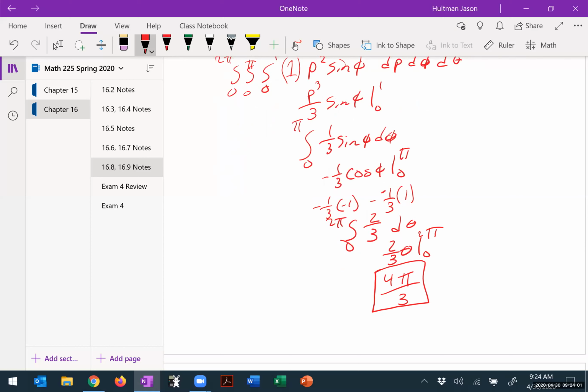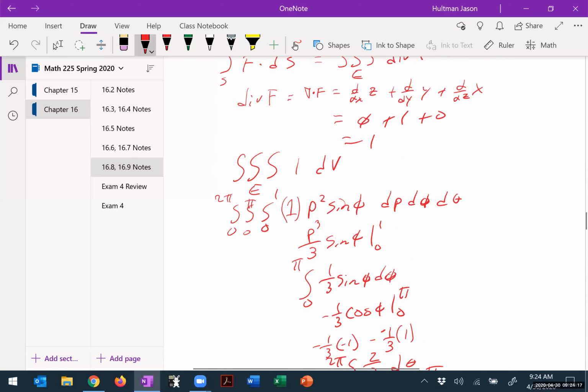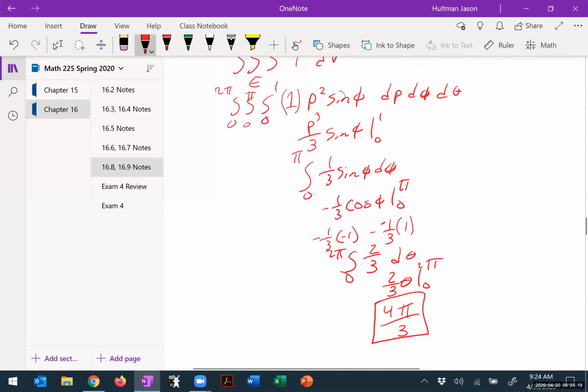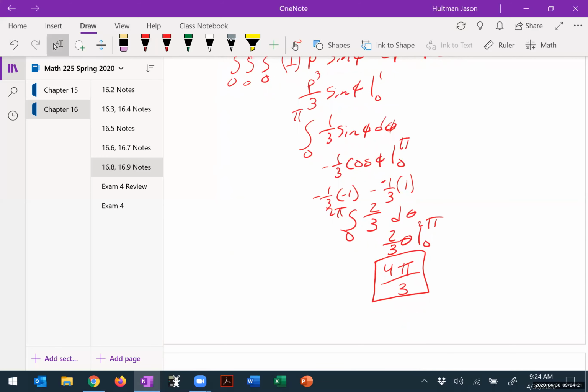Okay, 4 pi over 3. Which is a similar result to what we got last time. So let me just refresh your memory here. Okay, it is a different function f that we're evaluating, but we ended up with the same result as something that we did last time.